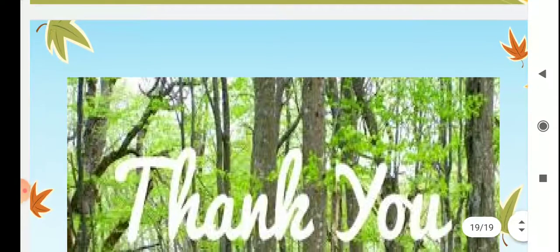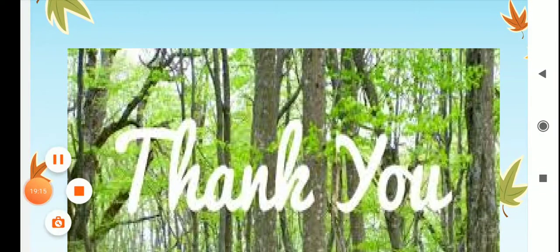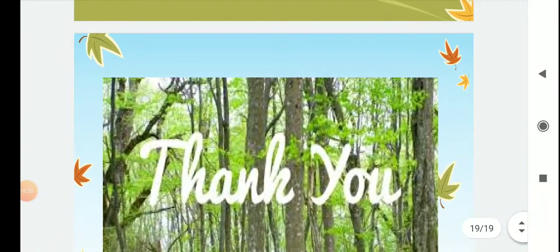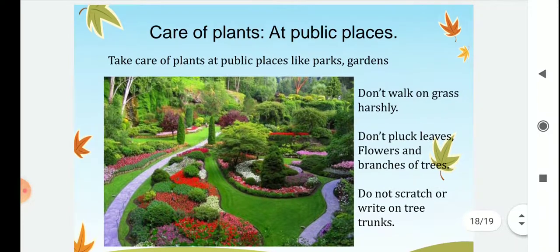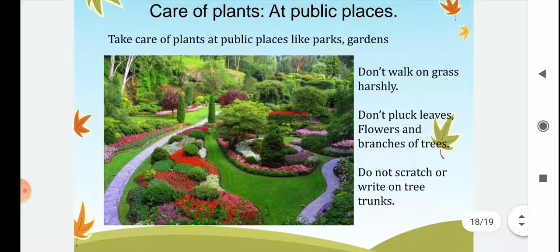I want to say, students, plants and trees are very helpful for our survival, and every day they produce oxygen and food for us, wood and different types of helping materials.